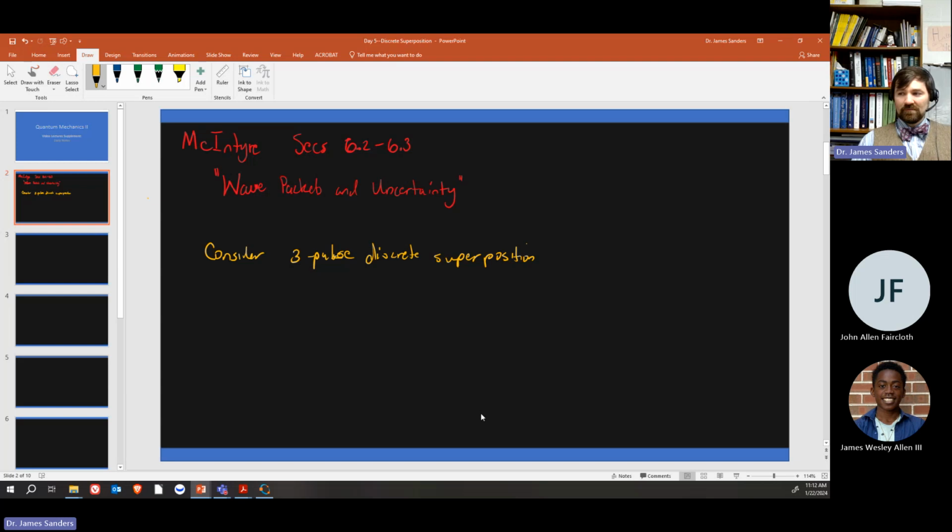Basically, 3 eigenstates added together. The states that we're going to do: one of them will just be P equals P naught.